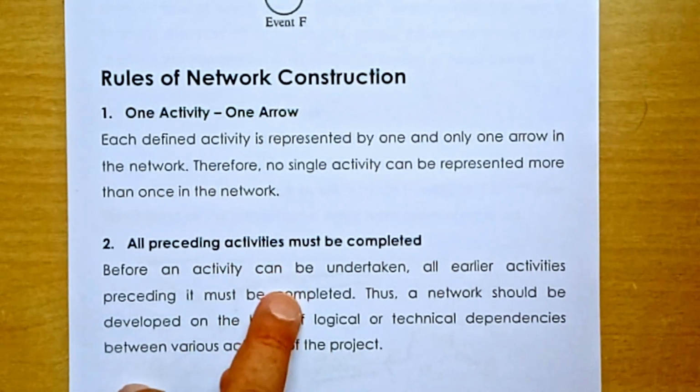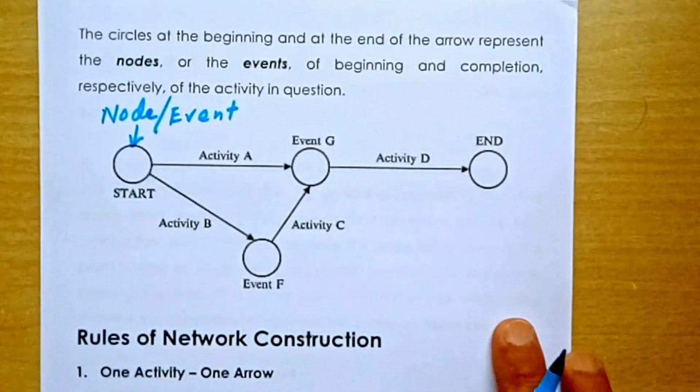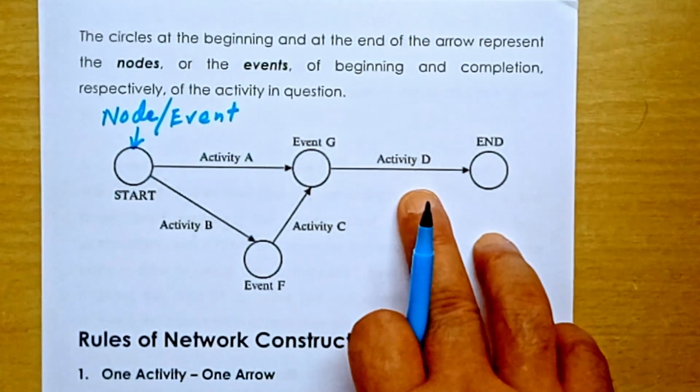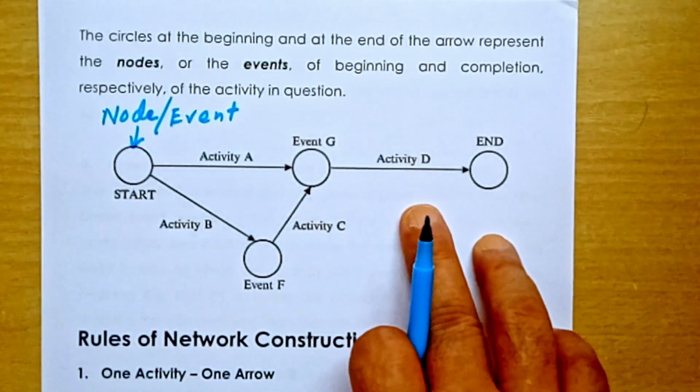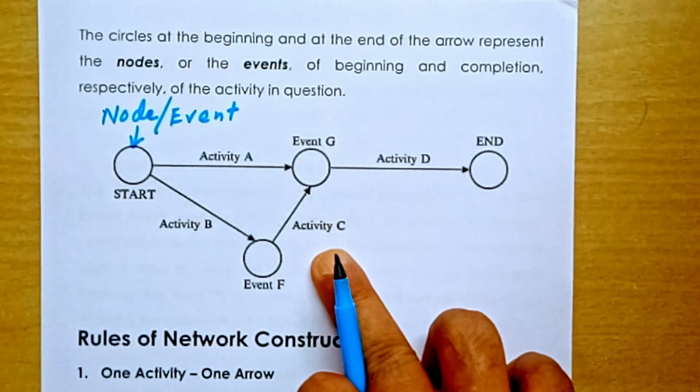All preceding activities must be completed. Like this, see, here activity D has 3 preceding activities: activity A, activity B, and activity C. Understood?